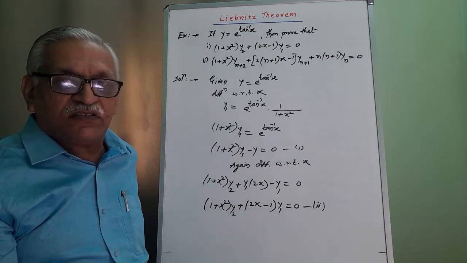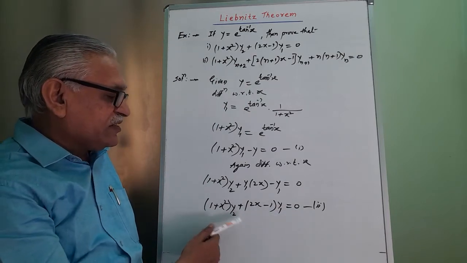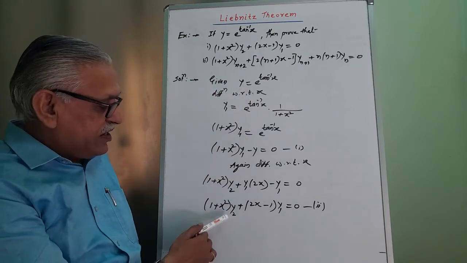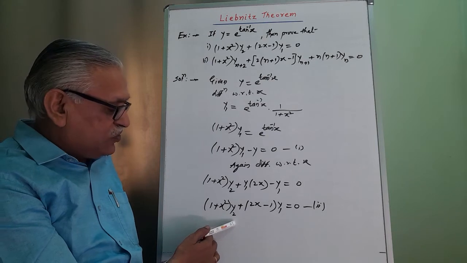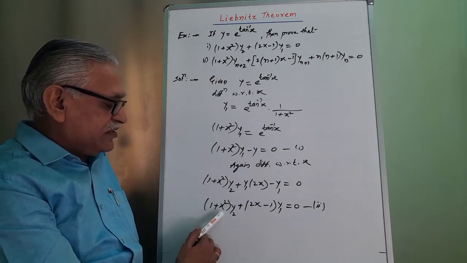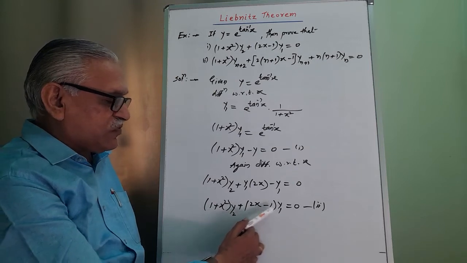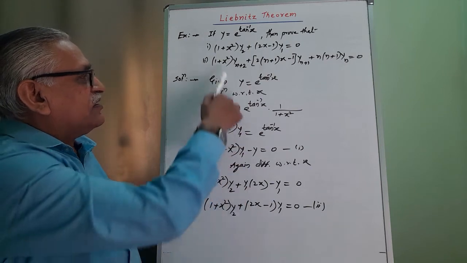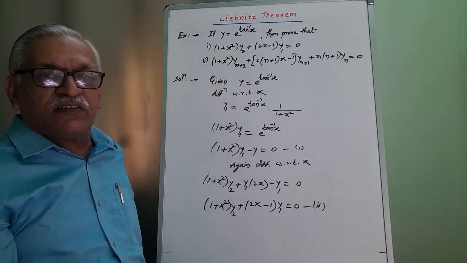Here the half part is completed, and after getting this result, we want the term y(n plus 2), and to obtain that term y(n plus 2), we have to differentiate this n times. Means it is nth derivative of this equation number 2 to get the required result number 2.